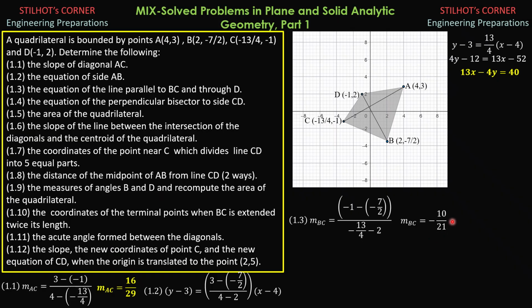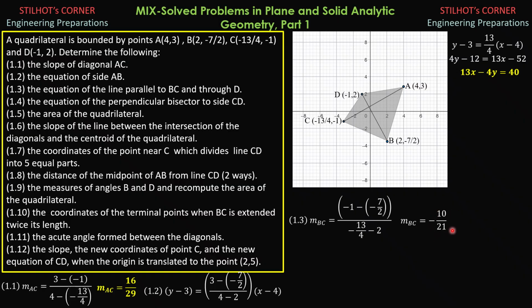So if this is the slope of BC, the line parallel to BC will have the form 10x plus 21y equals 10 times negative 1 plus 21 times 2, because the line passes through (-1, 2). Again, the first two terms are 10x plus 21y.